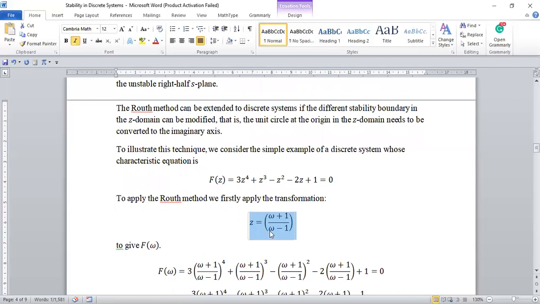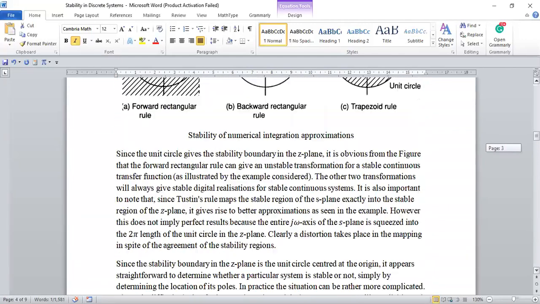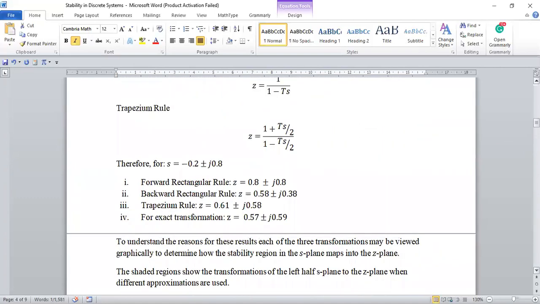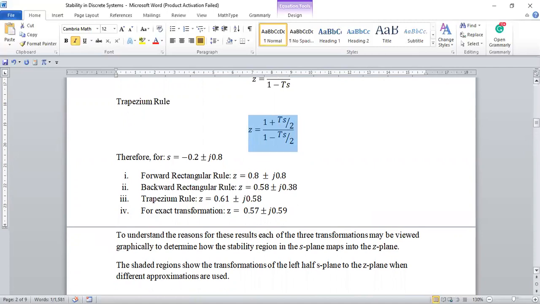Then the result we get after applying this transformation is what we are going to use to build up the Routh table. So this particular transformation follows from the trapezium rule. If you watch both equations, you would observe that they are a little similar.